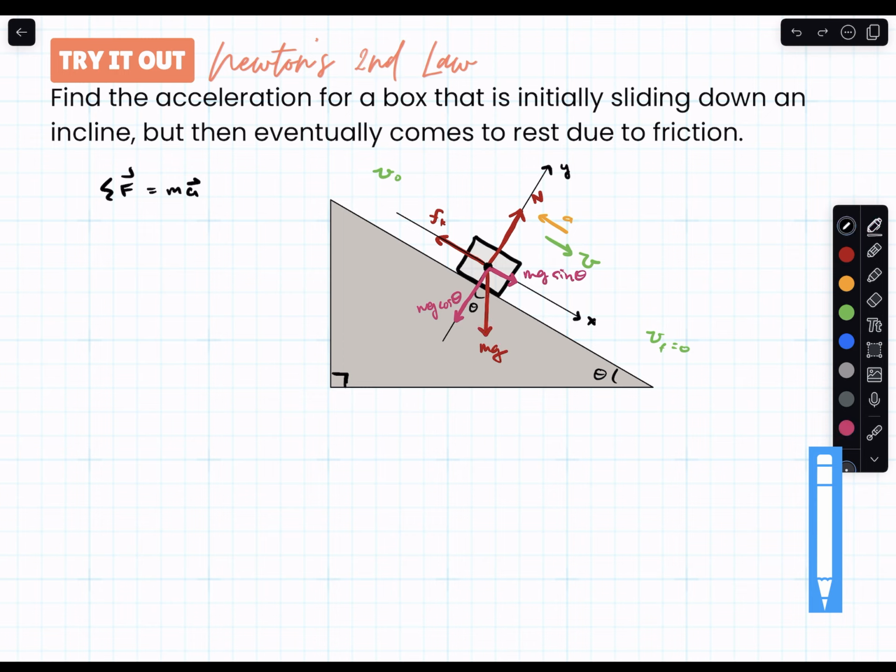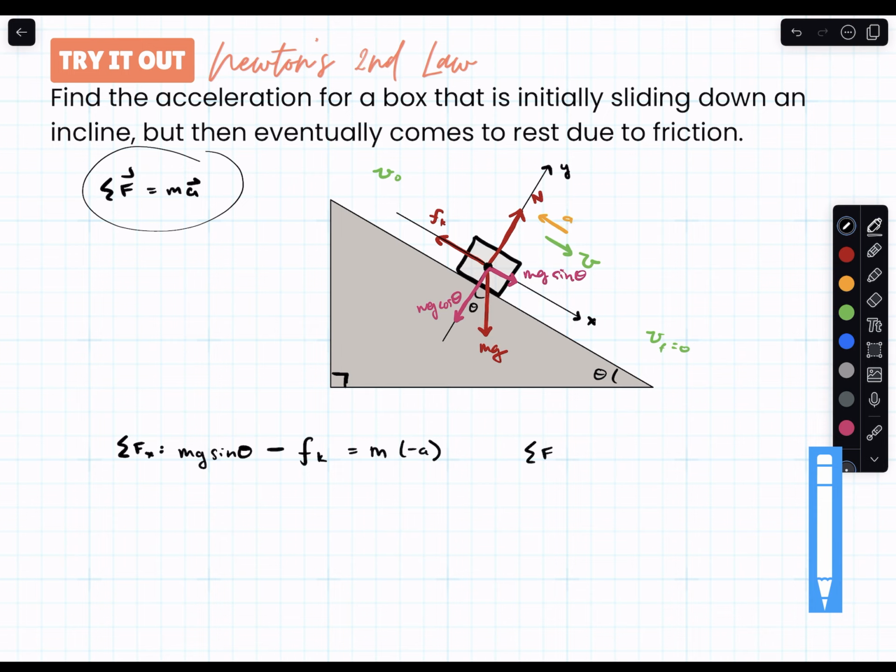So that brings us back to, now that we've drawn our picture, we have all of our different little vectors lined up along our coordinate system, we can actually go back to our Newton's second law, and we can sum up our forces in the x and y direction. So in the x direction, right, in the positive direction we have mg sine theta, and then we subtract the kinetic friction, and that's going to be equal to mass times actually a negative acceleration, because you can see acceleration points in the negative x direction.